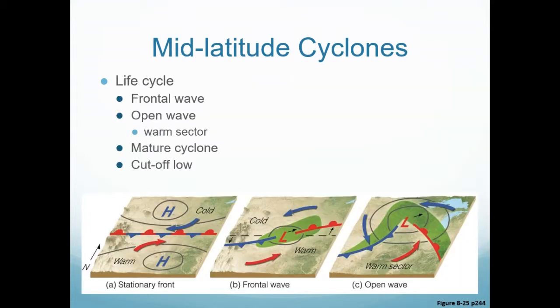Now, let's talk a little bit more about the formation of a mid-latitude cyclone. So here we are in the left-hand figure. We have a regular stationary front. In fact, this is our polar front, where you have cold air off to the north and warmer air to the south. But remember that with a stationary front, you have winds that are moving in opposite directions on either side of the front.